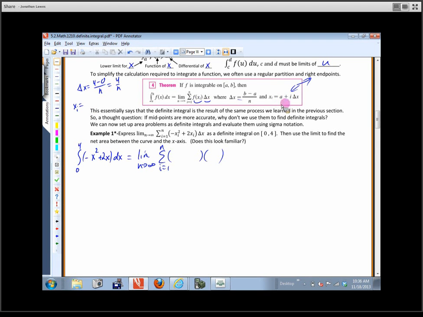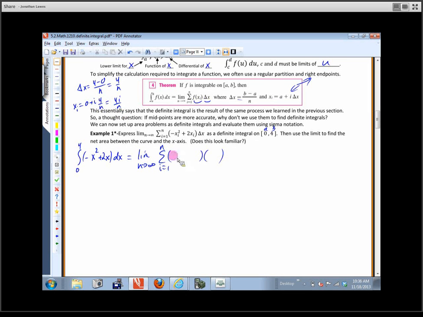I start with the left endpoint of the subinterval. So that's going to be a here, and this is b. So this is going to be 0 plus i times delta x, 4 over n. So the easiest way to write that is 4i over n. This should look really familiar at this point, right?